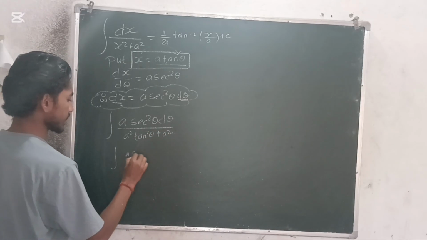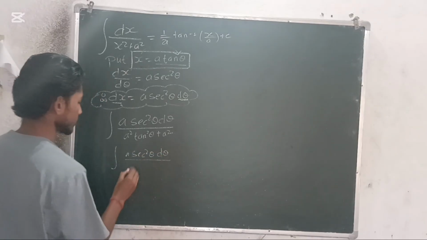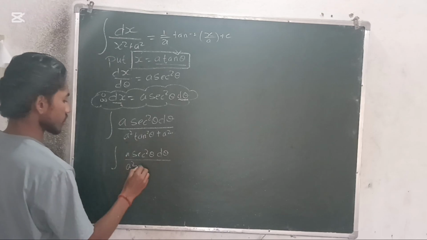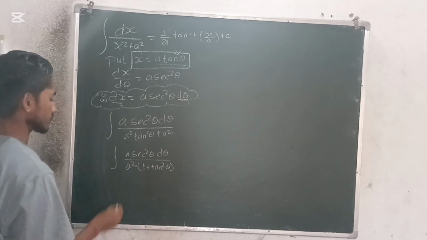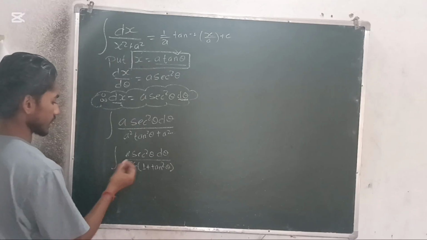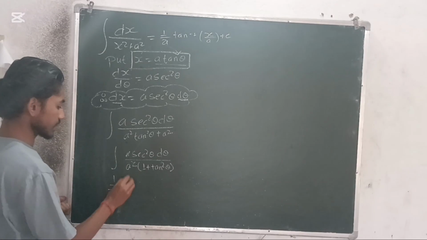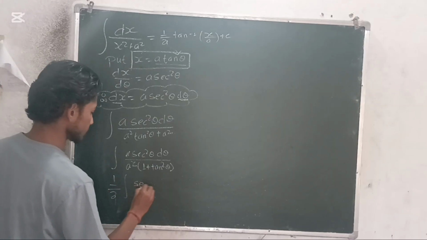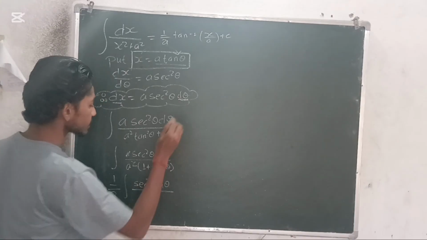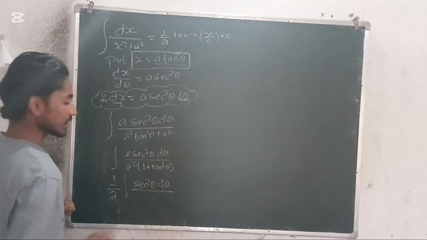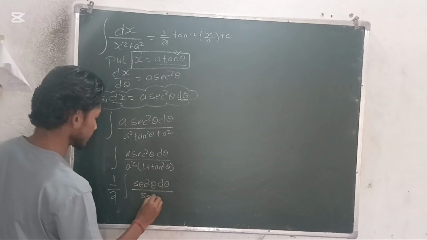So we will end up getting a sec square theta d theta over, if I take a square common, 1 plus tan square theta. The a will cancel out, and the one remaining a comes out of the integration because it is a constant.